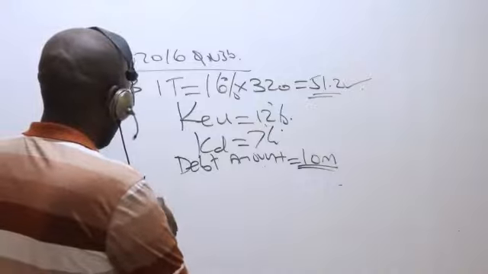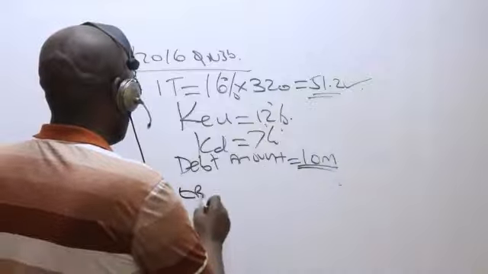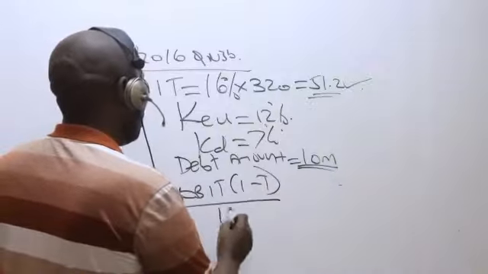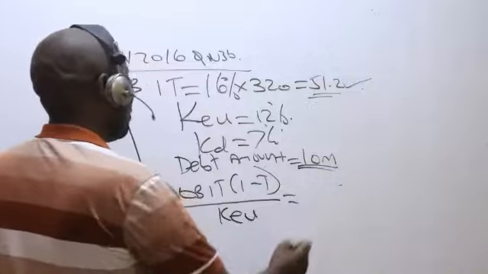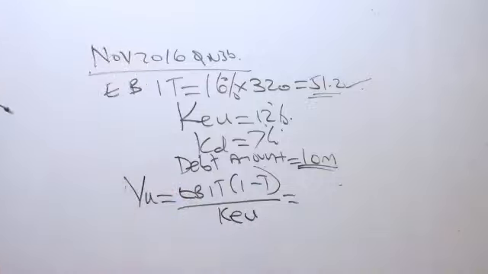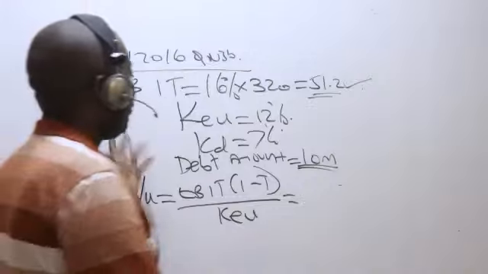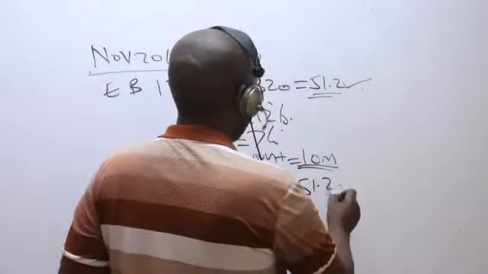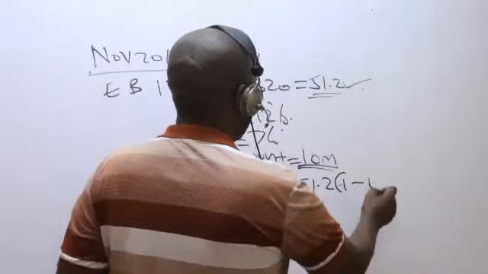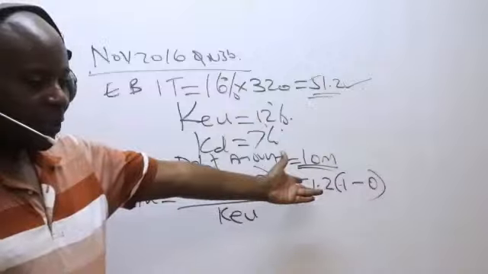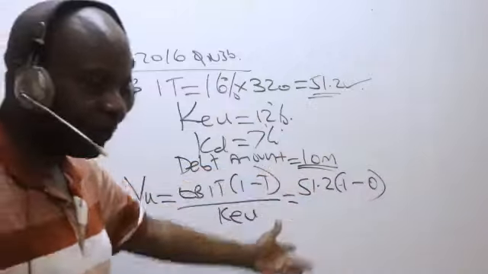So I'll say value of unlevered firm equals EBIT into 1 minus tax, all over Ku. That is the formula. EBIT here is 51.2. 1 minus tax, without taxes, is zero tax. Right?